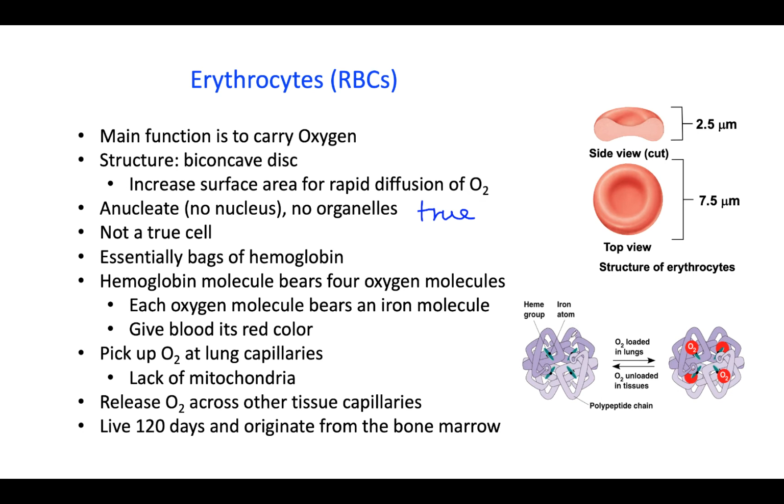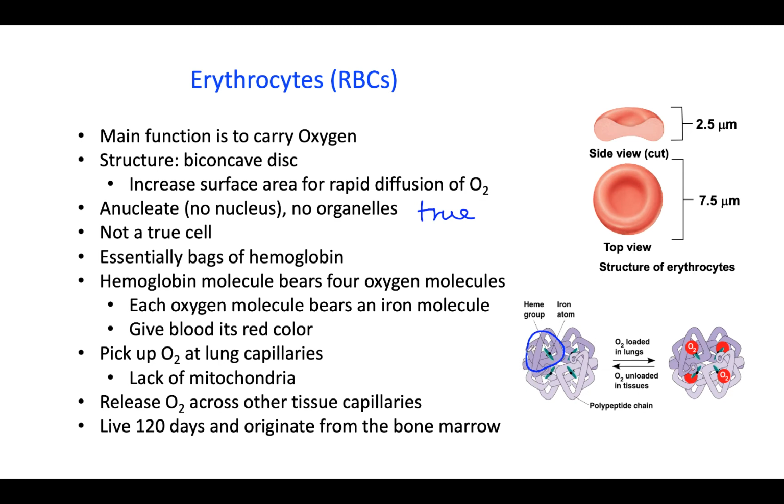This is the structure of hemoglobin. Hemoglobin consists of 4 polypeptide chains and 4 heme groups. So here's one polypeptide chain, and an exactly identical polypeptide chain here, second, third, and fourth. 4 identical polypeptide chains associate together to form hemoglobin.